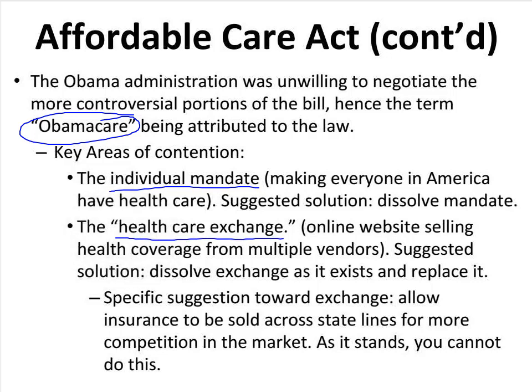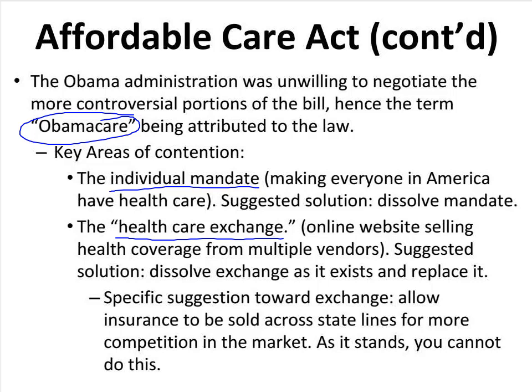These were created by the federal and state governments to give people a single place to go to find the best deal they could on healthcare. The suggested solution is to dissolve the exchange as it exists and replace it with something else.